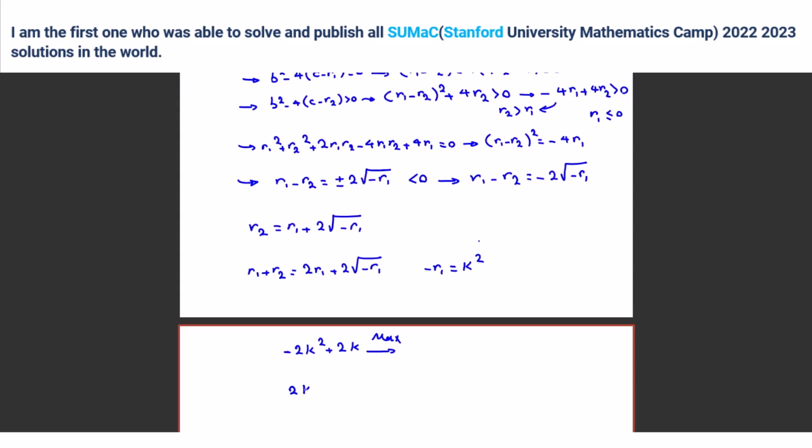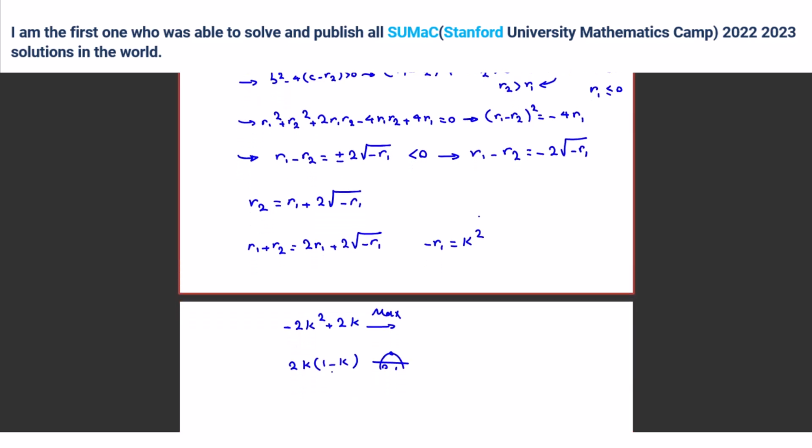So it is 2k times 1 minus k; it opens down and the roots are 0 and 2, with the vertex in between. Or you can take the derivative: negative 2k plus 2 is 0. So k is 1, right?